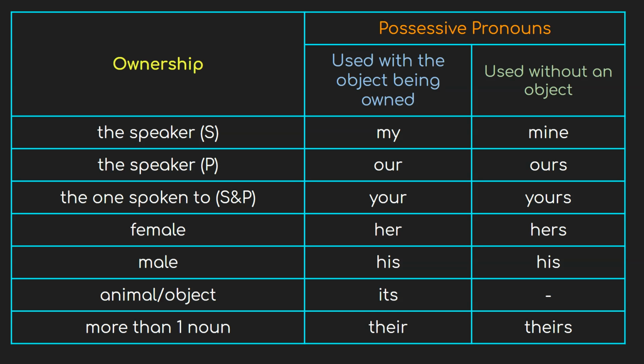It means that after these pronouns, we can see the object owned by these pronouns. Later on, I will show you some examples. And on the other column, it says here, used without an object. Because whenever we use these possessive pronouns, we are not going to include the object after the possessive pronoun. Again, later on, I am going to show you some examples.